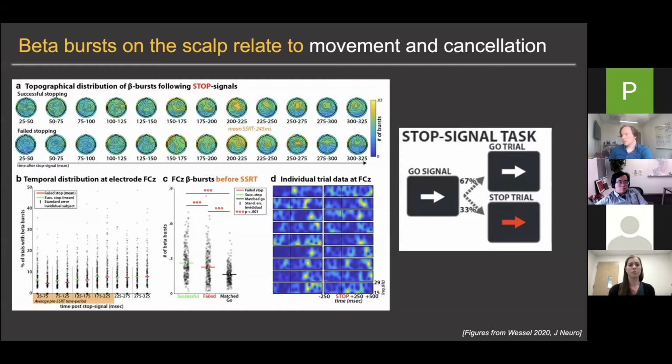So not only do we see bursts at frontocentral electrodes that do seem to relate to the success of movement cancellation during the time period in which the stopping process is active, pre-SSRT, he also found that these frontocentral beta bursts seem to be related to burst rates in sensory motor cortex.